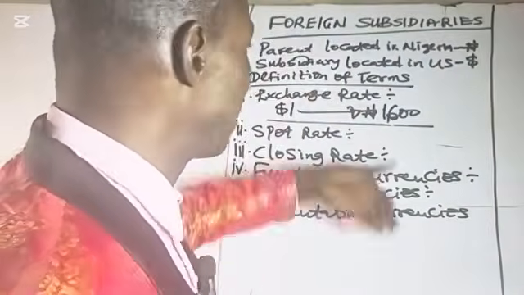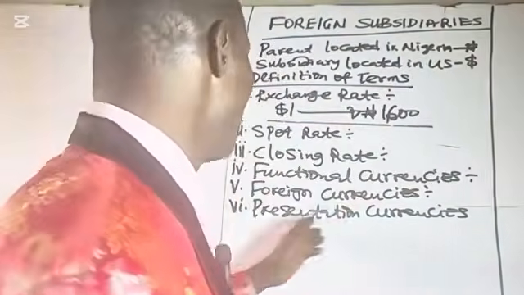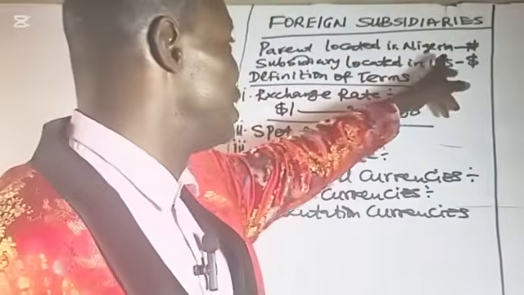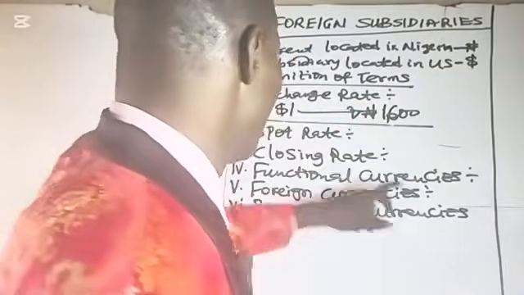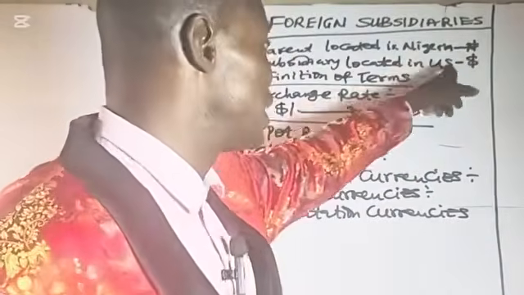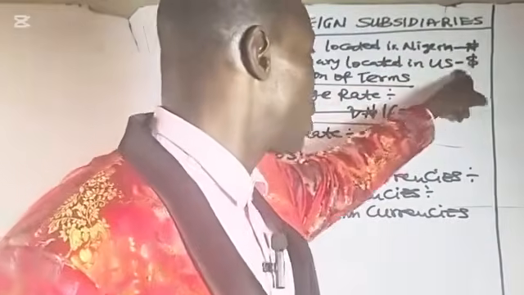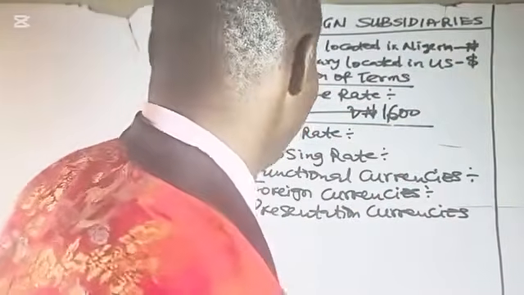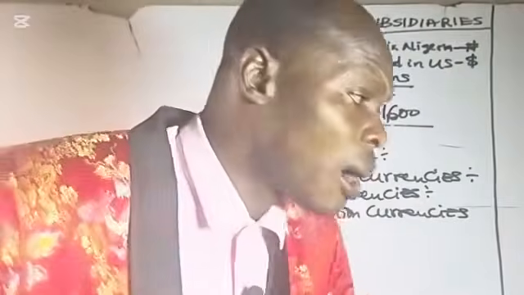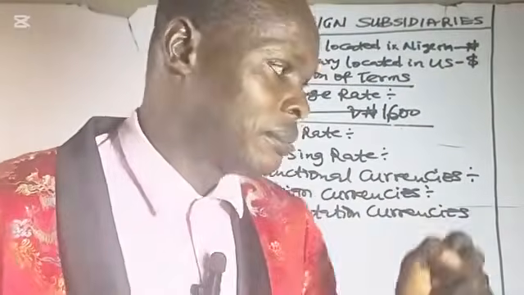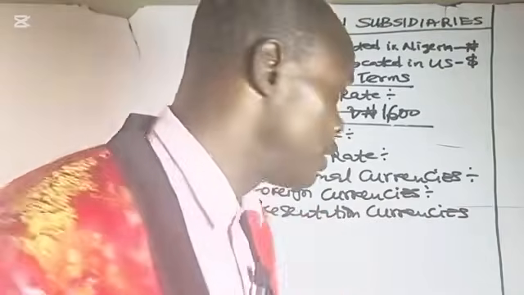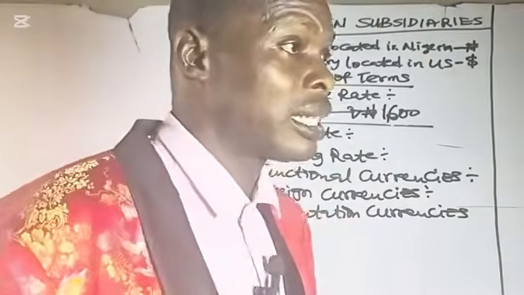If the financial statements are presented in Nigeria, that means the presentation currency will be naira. If the entity is located in the US and presents in dollars, the presentation currency of the US business will be the US dollar. So the currency in which the financial statements of an entity are presented is the presentation currency.